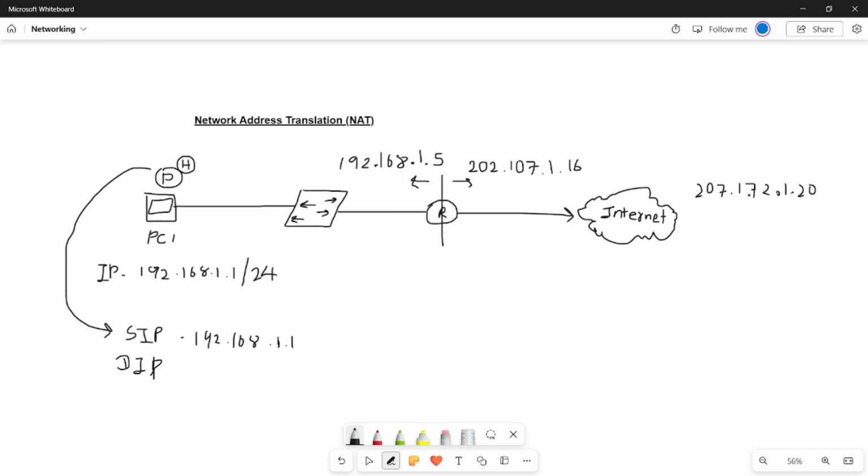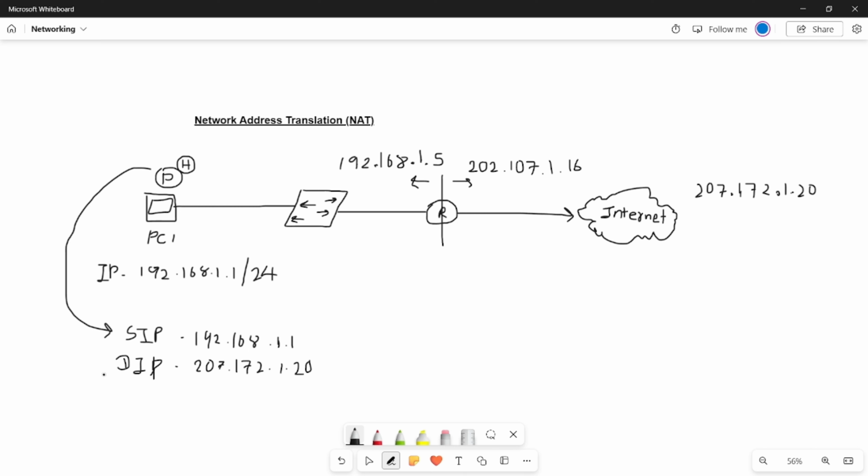So the data packet marks the destination IP address as we want. It sets the destination IP of our transmission data packet as 207.172.1.20, which is our original destination IP address.